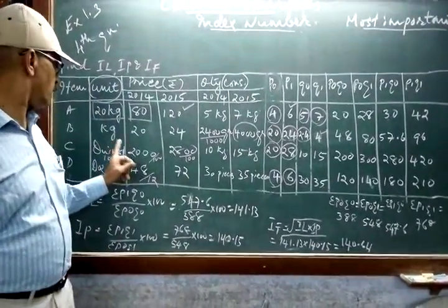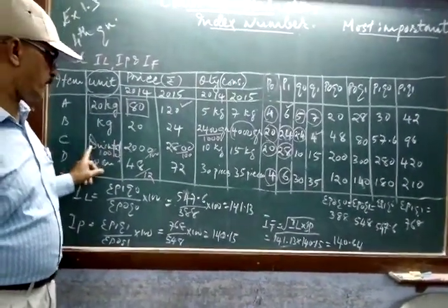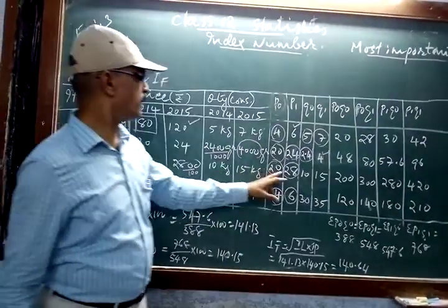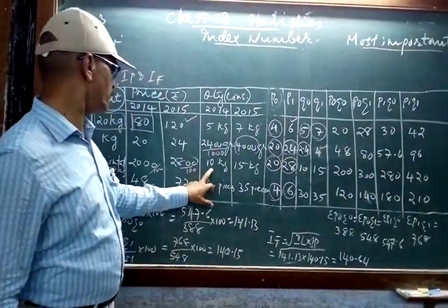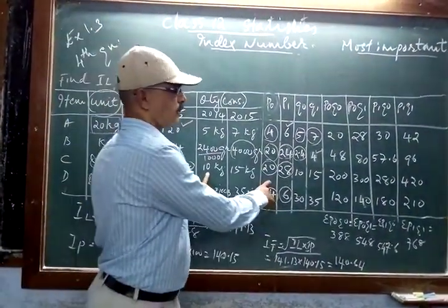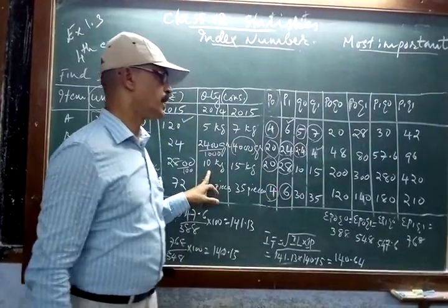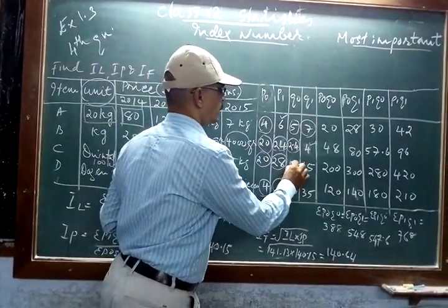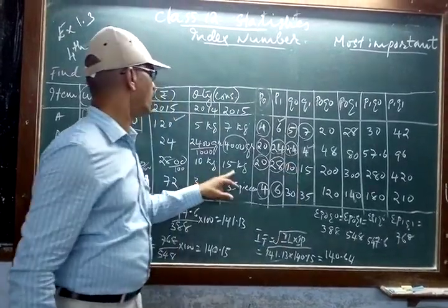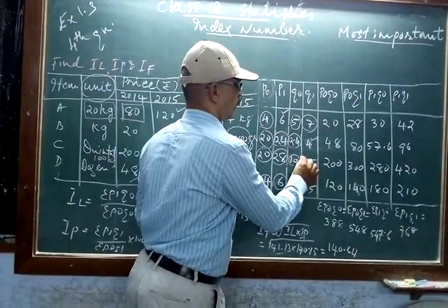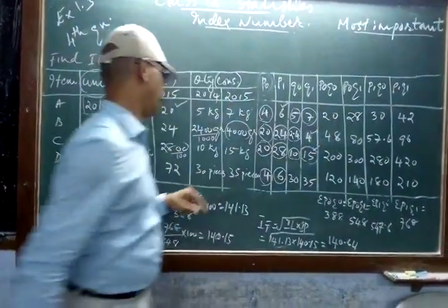Then C is in quintal, and what is the quantity consumed? 10 kg. We have already converted the price to per kilogram, so 10 kg means the same 10 kg, no change. And here 15 kg, that is Q1, so Q1 is 15.